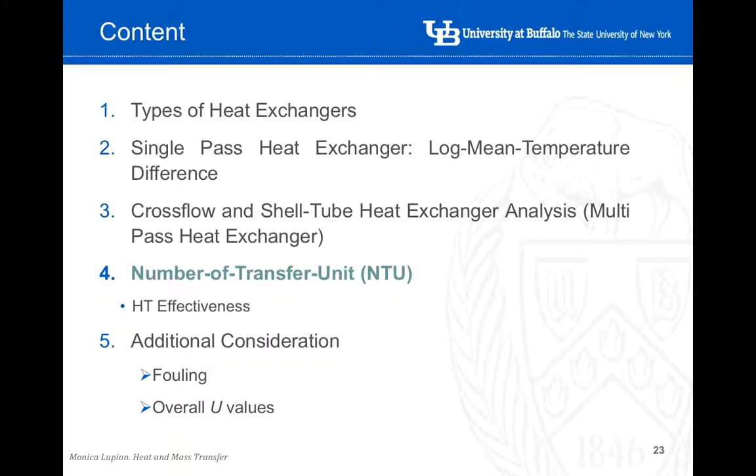Then we moved to a more complex geometry and we studied the cross flow and shell and tube heat exchangers. Basically, the idea is to use the same general equation as in the single pass heat exchanger, but incorporating a correction factor F. There are different charts that we can use to calculate this correction factor F depending on the geometry.